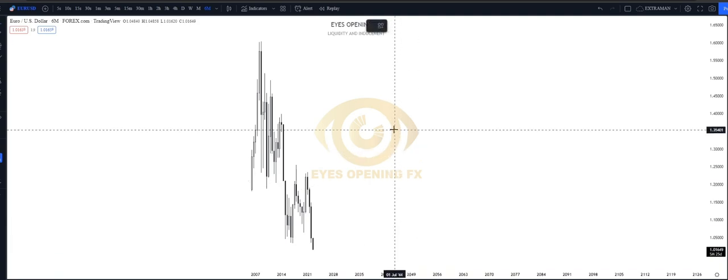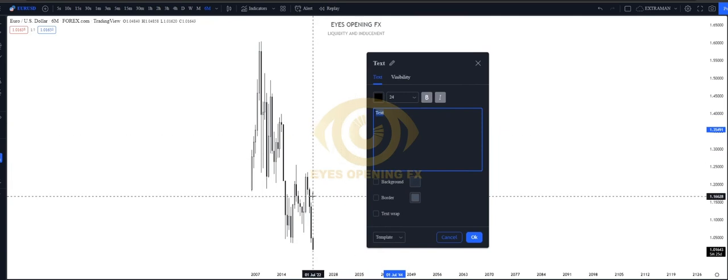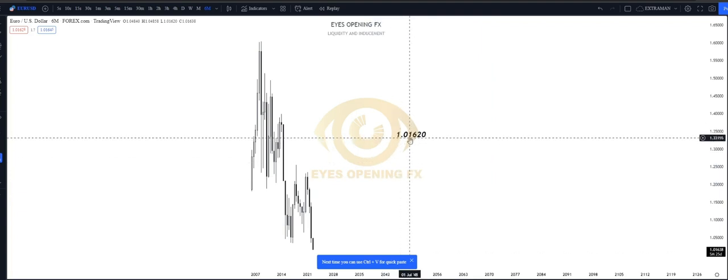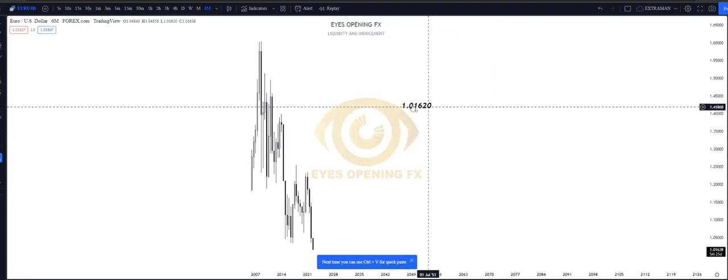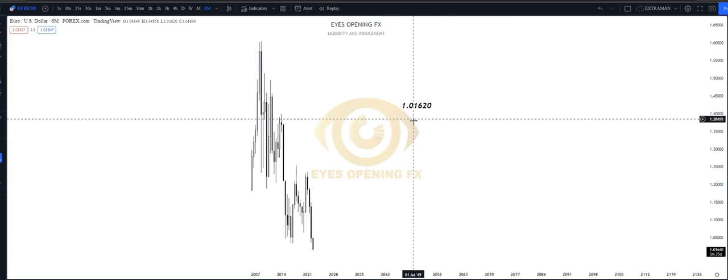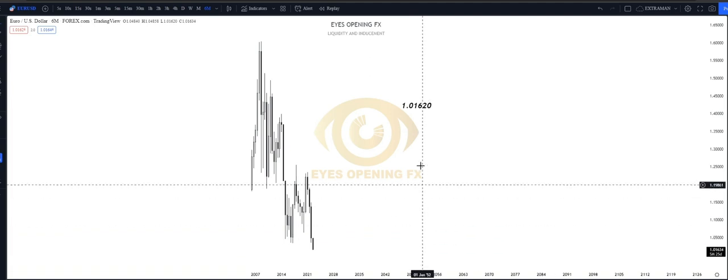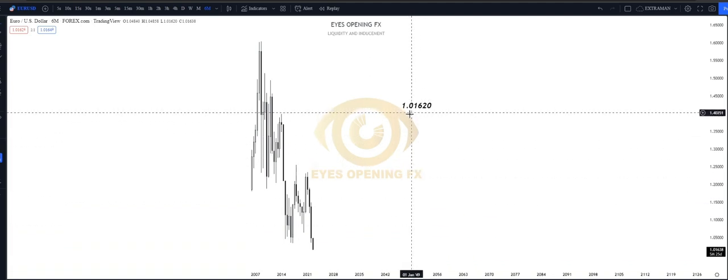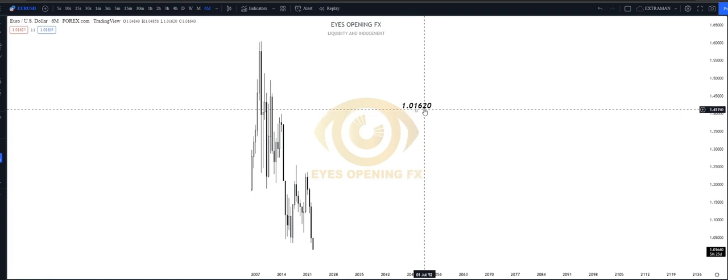So now let's write it down. Since we said this pair is at 1.0162, now we calculate the pips from this side to this side on this particular pair. Let's say for example you are asked to add an extra 4 pips to this pair.